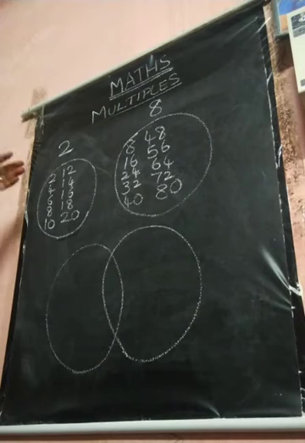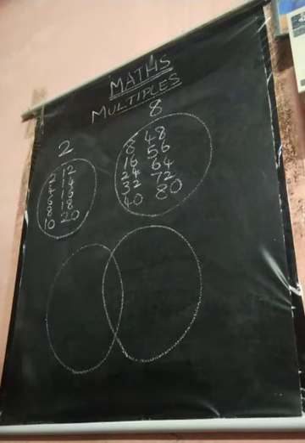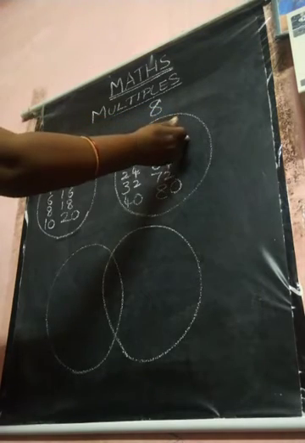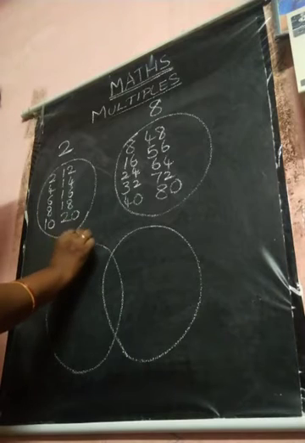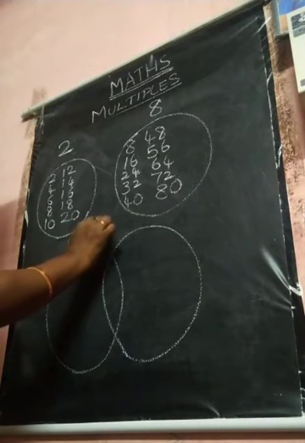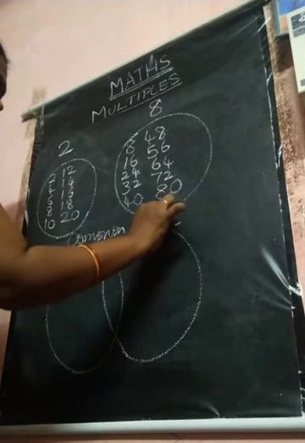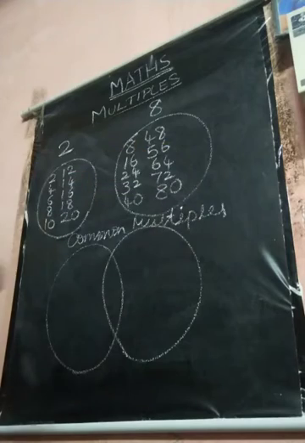First you find out the first 10 multiples of 2, after that the first 10 multiples of 8. After that you are going to find out the common multiples.